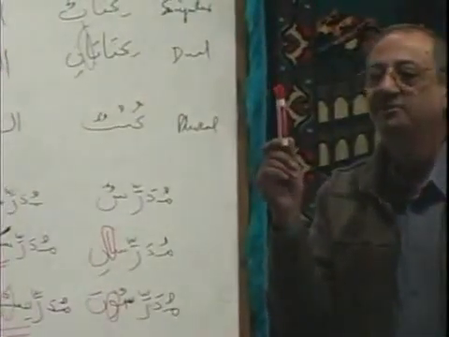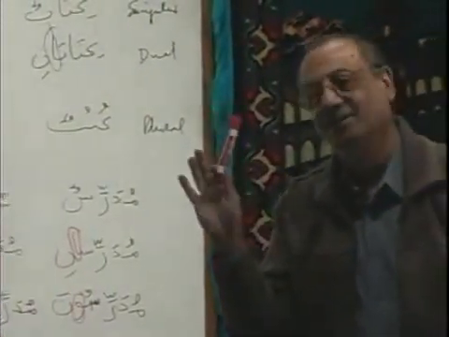Make it dual of this. Kalamani. Only marfu form. Make it dual of this. Kitaban. Maktabani. Make it dual of kursi. Kursiyani. Make the dual of bab. Babani. Make the dual of masjid. Masjidani.